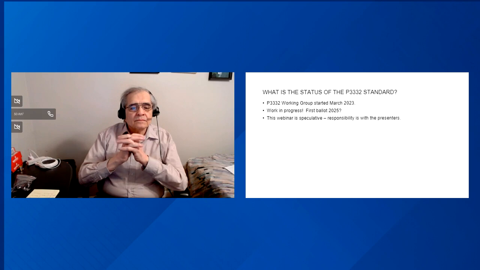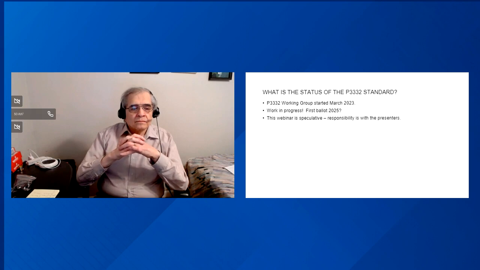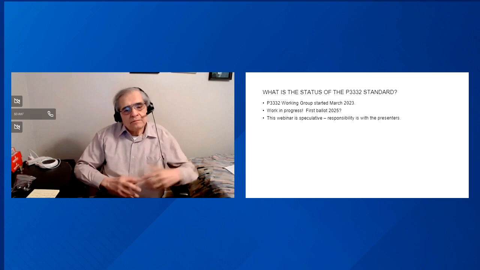Therefore, what you see here is speculative, things that you may hear today may not quite come out the same way in the ultimate standard. So it's speculative, but also, what you see here is the responsibility of the presenters and not so much the responsibility of the working group working on the standard.